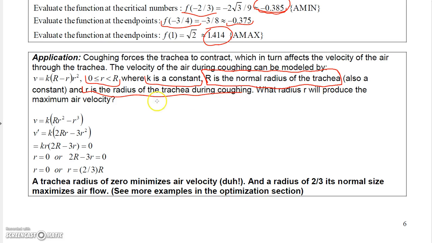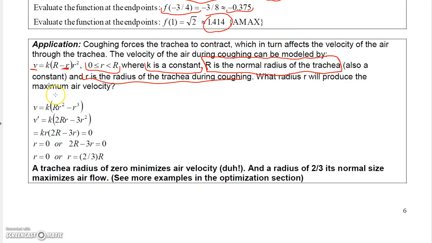So basically we have a relationship between the velocity and the radius of one's trachea during coughing. I want to find what radius will give me maximum air velocity. So I want to maximize velocity.